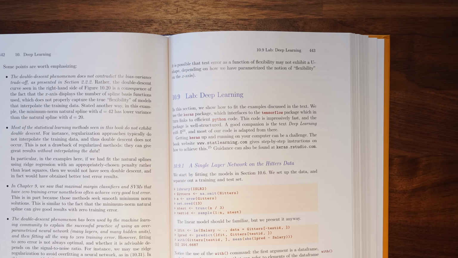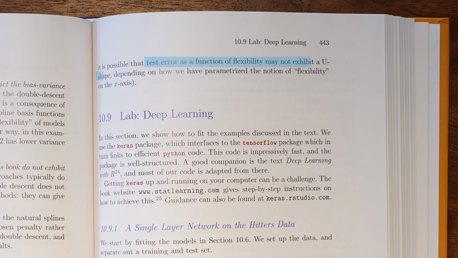So as Hastie and his co-authors state, technically the bias-variance trade-off theory does not mean that our curve has to be U-shaped, and the shape of our curve will depend on how we measure the flexibility or capacity of our models. However, when every presentation of this central theory in all the books and lectures you see presents the same U-shape, it's hard to not internalize this U-shape as what the theory really says.